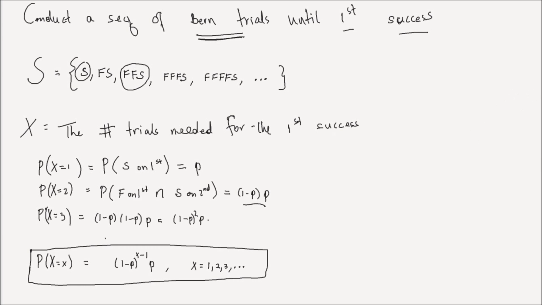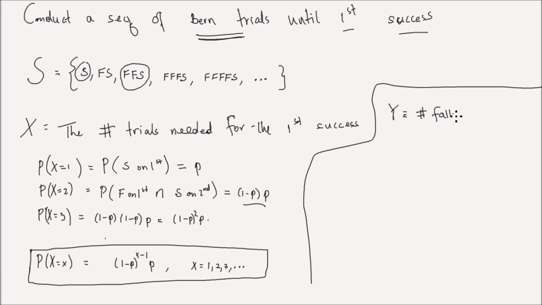Sometimes in exams or in some textbooks, they define geometric random variables slightly differently. I could define the random variable Y as the number of failures observed before the first success.